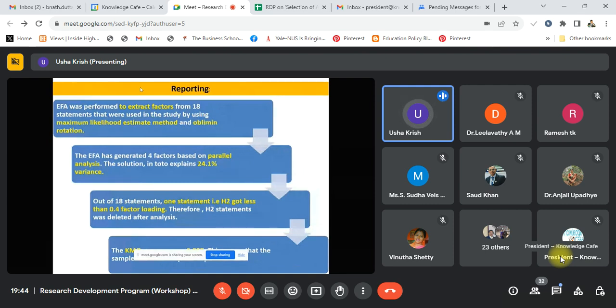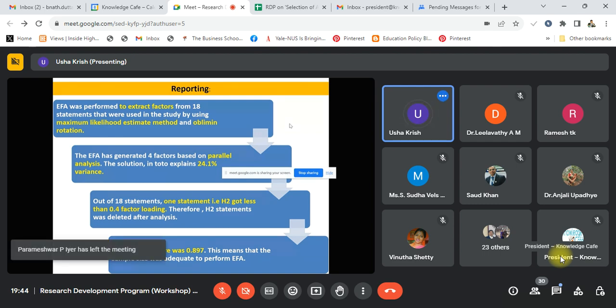After all these calculations, we should write a report on exploratory factor analysis. How to write? Here is the example. I am reading from the slide. So the first point is, EFA was performed to extract factors from 18 statements, that is questions, that were used in the study by using maximum likelihood estimate method and Oblimin rotation.